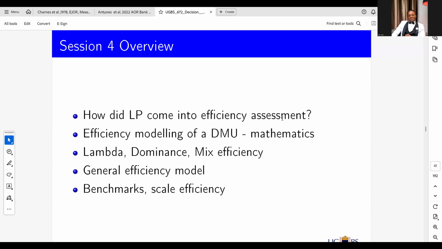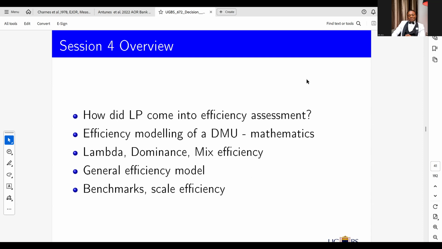Yes, Prof. We showed how to estimate efficiency, and it was all fine. It was all good. Now, what we want to do is see how to estimate efficiency mathematically.